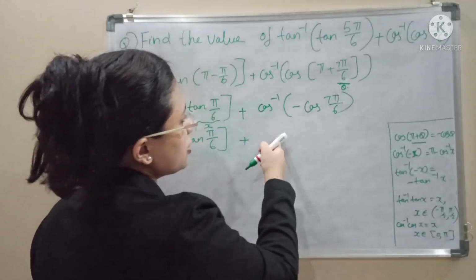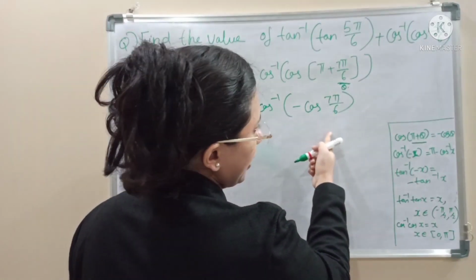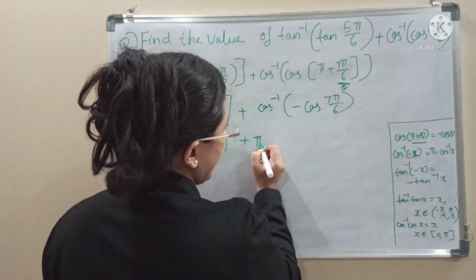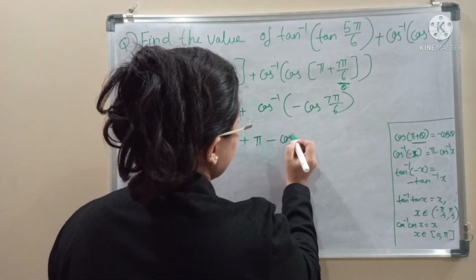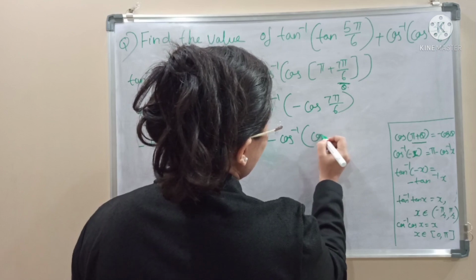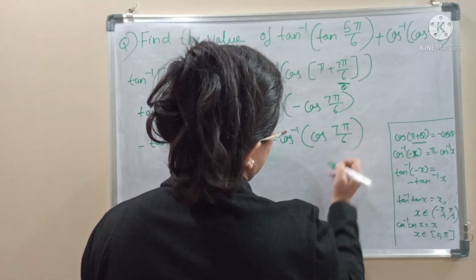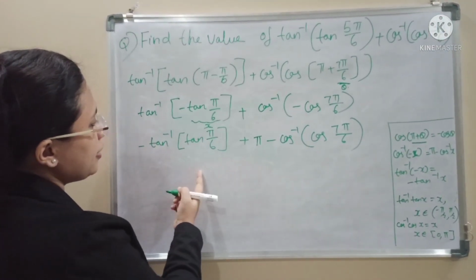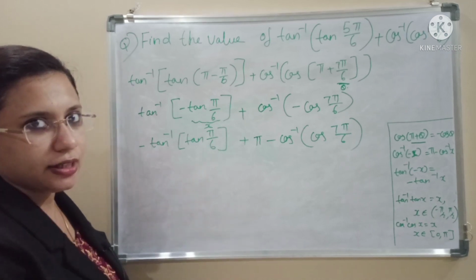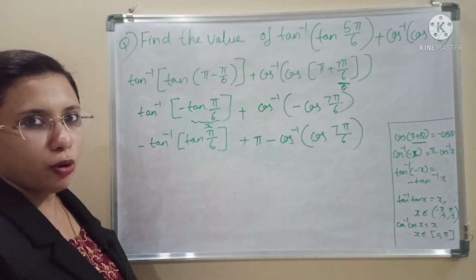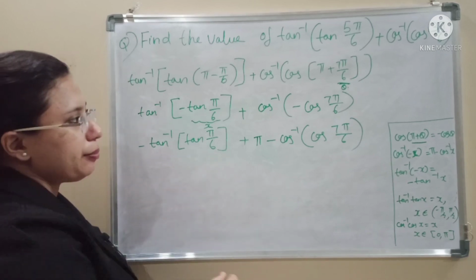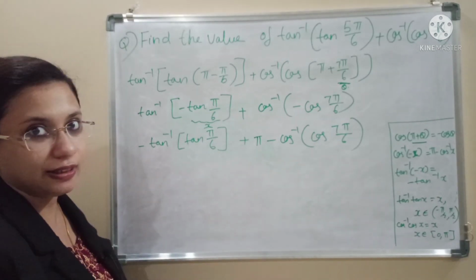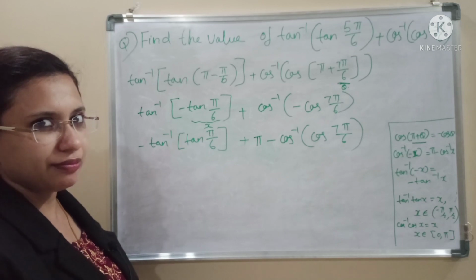Same way, cos inverse of minus cos 7π/6 will be π minus cos inverse x, that is π minus cos inverse of cos 7π/6. Clear? Next, we can see here it is π/6, so we can't do any more splitting, but this is 7π/6. So if we split it up and get a common term as π/6, it will be a bit more easy.